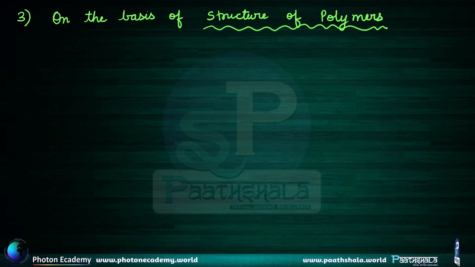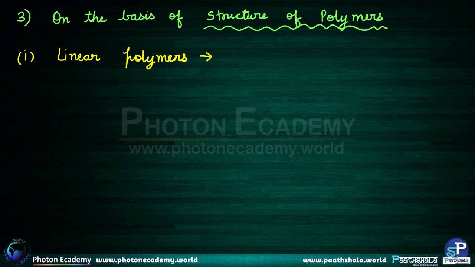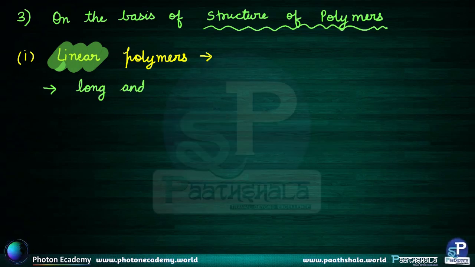First we begin by seeing linear polymers. As the name suggests, they are indeed linear in nature, that is, they are straight chain. Linear polymers are long and straight chain polymers.